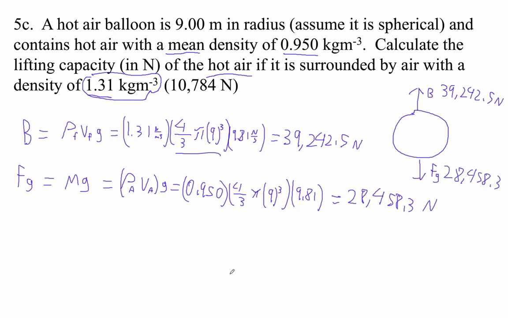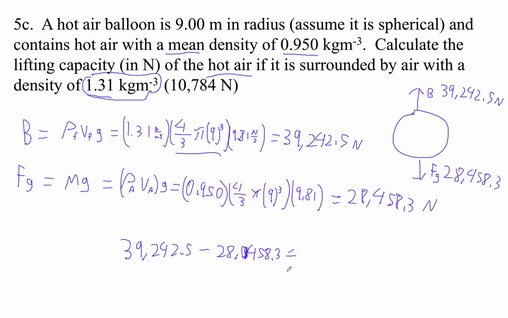So this force is 28,458.3. And then we want to know the lifting power, so that'll be the net force. The net force is simply 39,242.5 minus 28,458.3. If they said you're holding the balloon down with a tie down or something like that, this would be the force we'd have to exert.